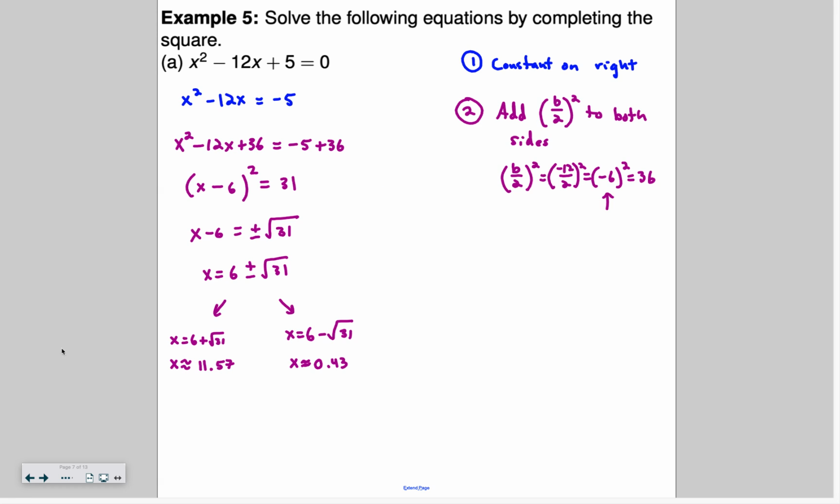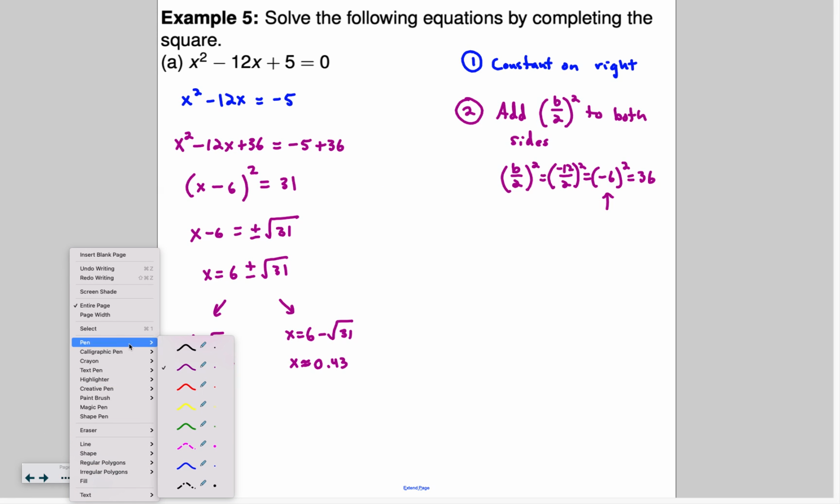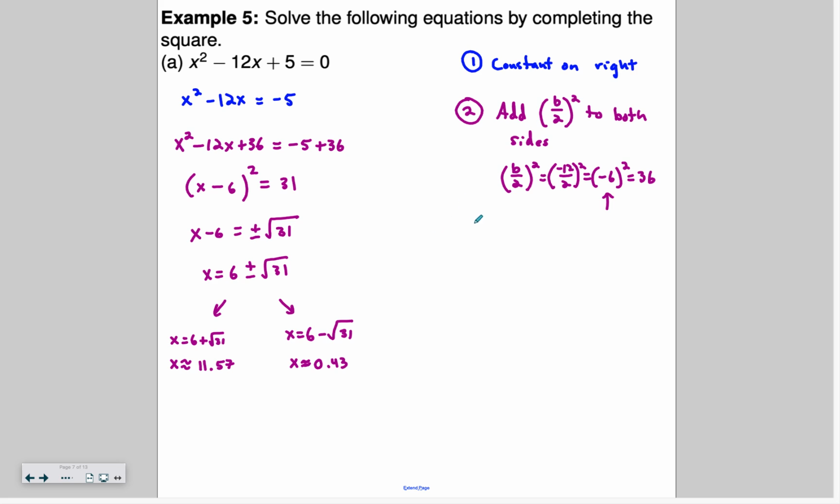Oh, you know what? I forgot to write the other steps, and I didn't change the color. I got carried away. Step 3 happened right here: factor the left side and simplify the right.